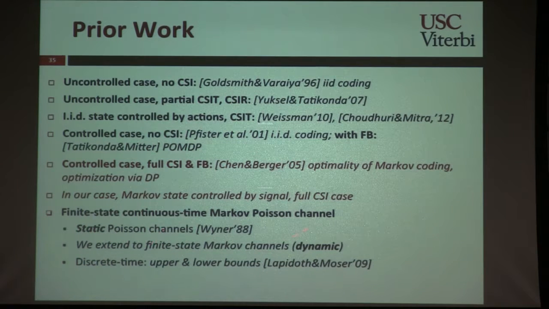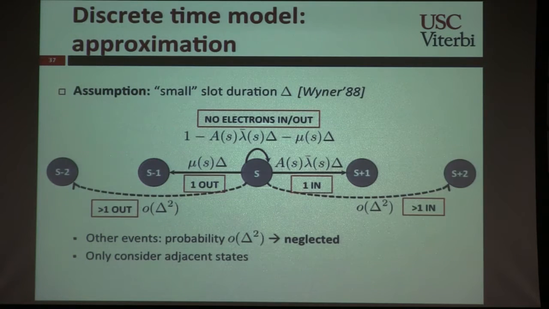We're going to adopt some of the modeling assumptions that Wiener has in his '88 work, where he looks at static Poisson channels. And I want to mention this work by Stefan Moser during his PhD work. They look at upper and lower bounds for certain systems, but they don't give us much intuition in terms of operation, right? And they're challenging to parse.